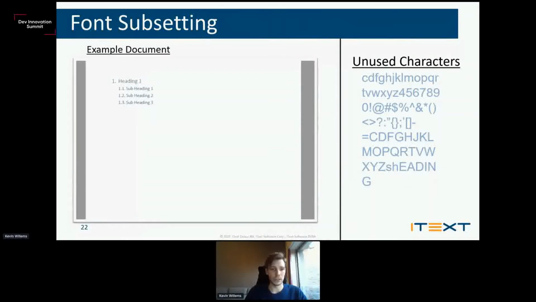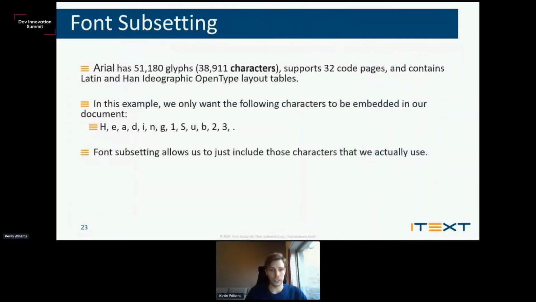So for example, Arial has over 51,000 glyphs. And in this particular example that we just watched, we only need a very select few of those. So for this specific example, it would be very huge.